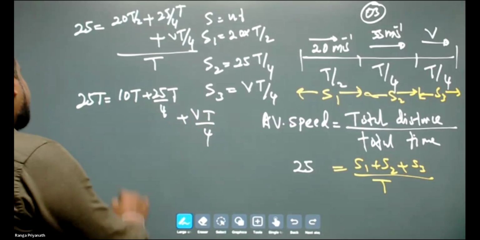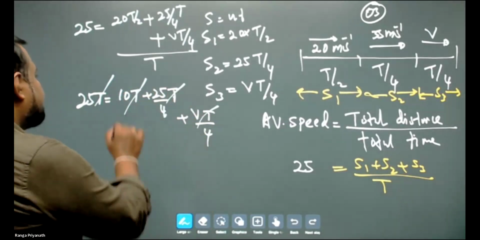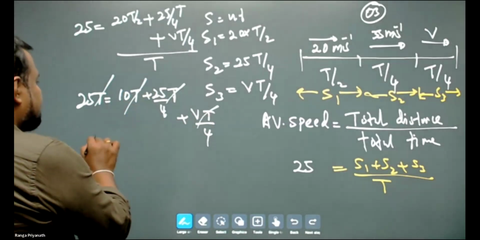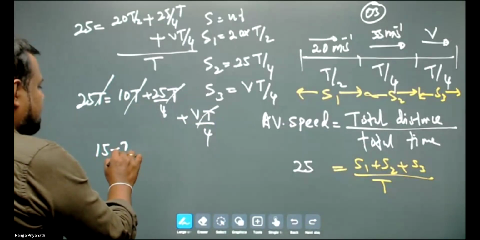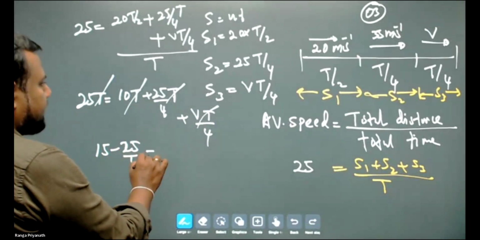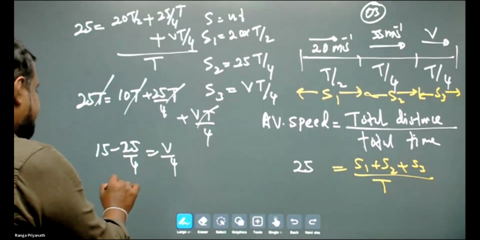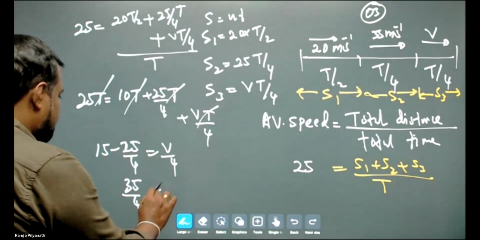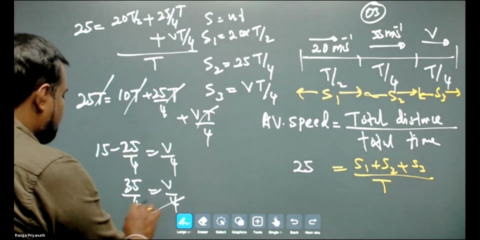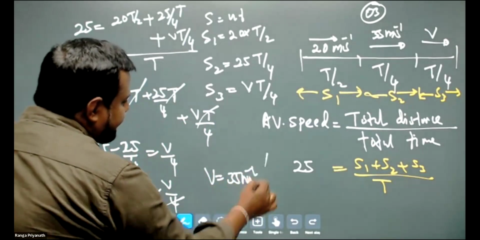T you can cancel everywhere. This is 10, then 15. 15 minus 25 by 4 equals v divided by 4. 60 minus 25 is 35 by 4 equals v divided by 4. The 4s cancel, so v equals 35.